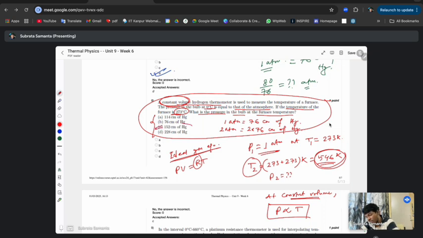So the option C is correct. Okay, so 152 centimeter of mercury. It's clear? Okay, so far any question?